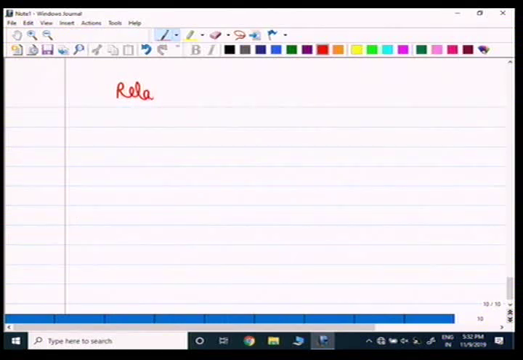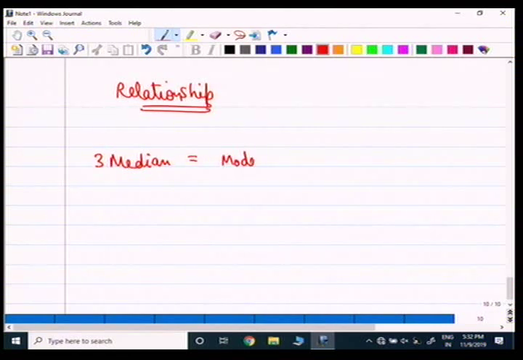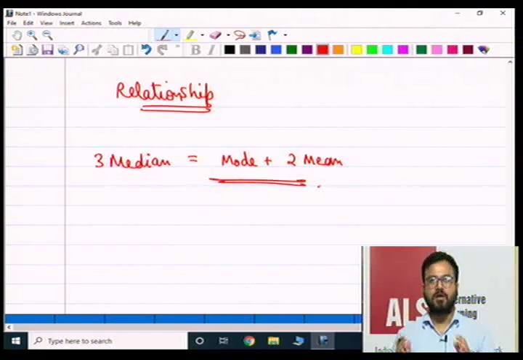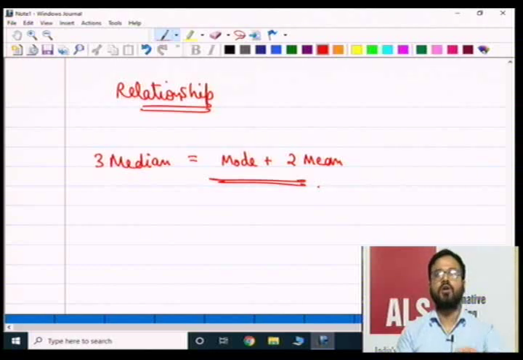Okay, note down this formula. 3 times median is equal to mode plus 2 times mean. This is the relation by which all three quantities are related to each other for the same data.